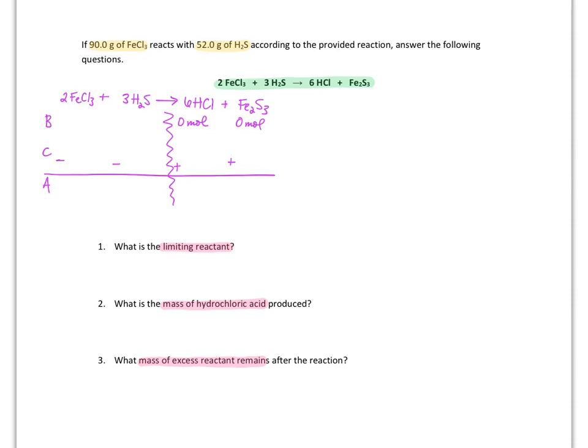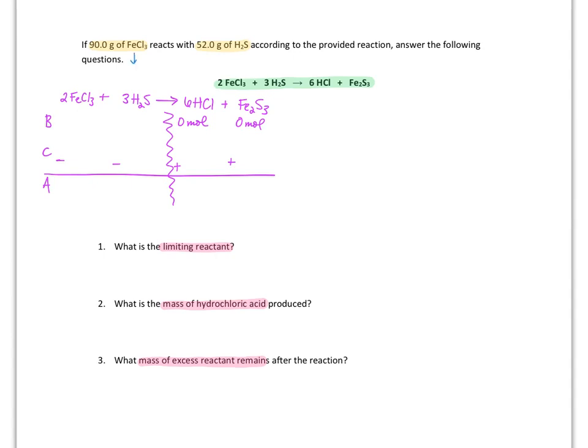Before we fill out our BCA table, we want to make sure that we convert into moles of each of our reactants. I'm going to shortcut this a little bit and give you the molar masses of these two reactants. I'm just going to write them here in the problem.